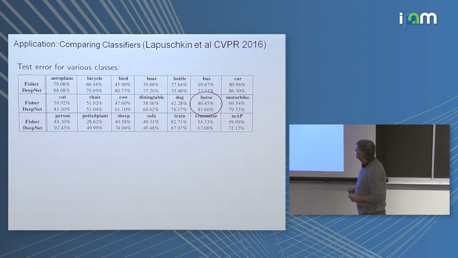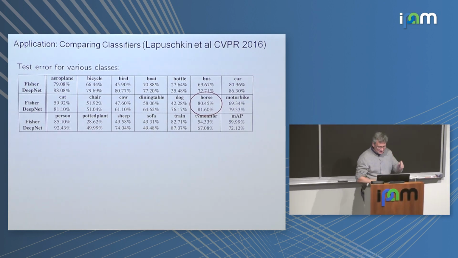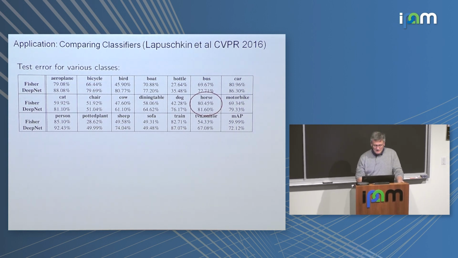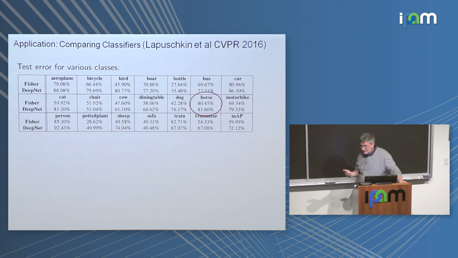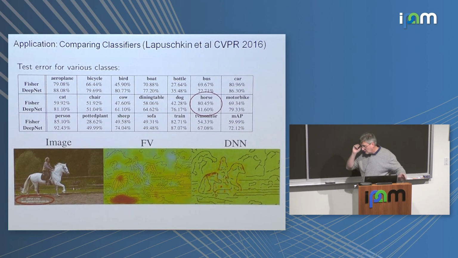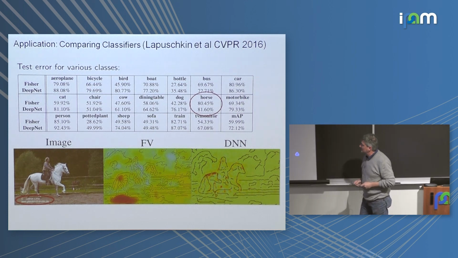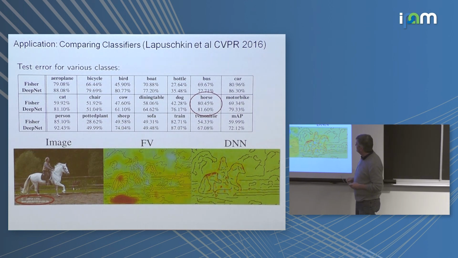But imagine you have all these different concepts, and you can see the deep net is clearly better, but in some cases it isn't. So for example here on horses, the deep model is as good as Fisher. So you just get the generalization error, and you don't know whether one model is better than the other, statistically, right? So both models are very good. Now we have our machinery in order to analyze things, and we can look at the heat maps.